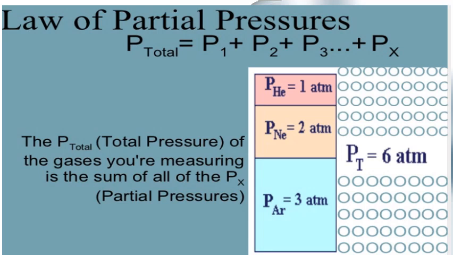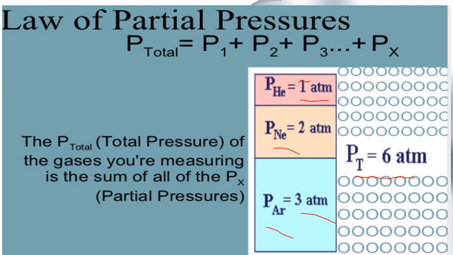Here the law says that the total pressure is equal to the sum of the partial pressures. In this container, the total pressure at this moment is 6 atm, in which three gases are present, as the picture shows: helium exerting 1 atmospheric pressure, neon exerting 2 atmospheric pressure, and argon exerting 3 atmospheric pressure.